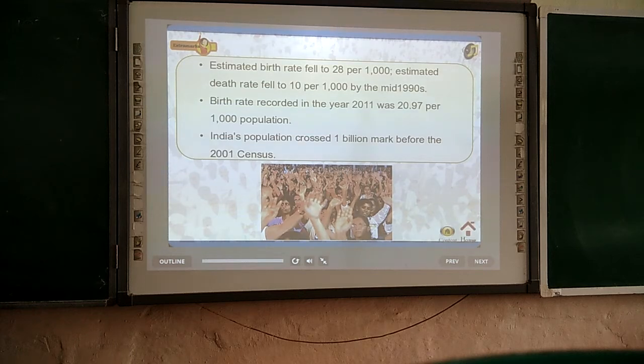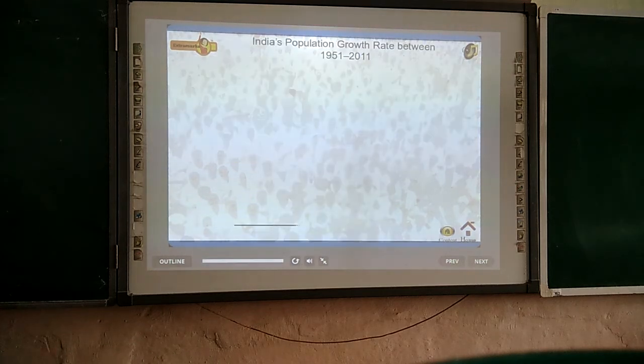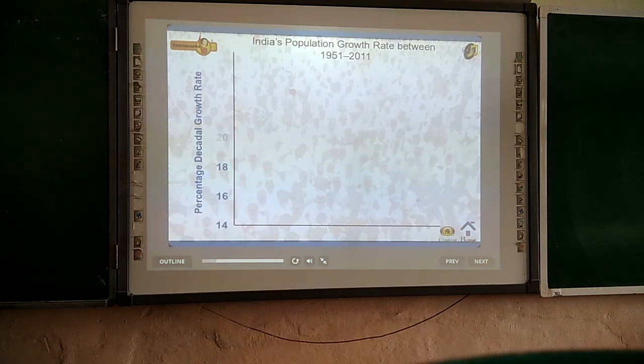India's population crossed 1 billion mark before the 2001 census. Have a look at this graph to find out India's population growth rate between 1951 and 2011.